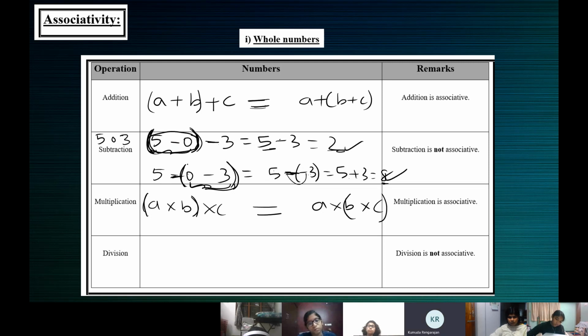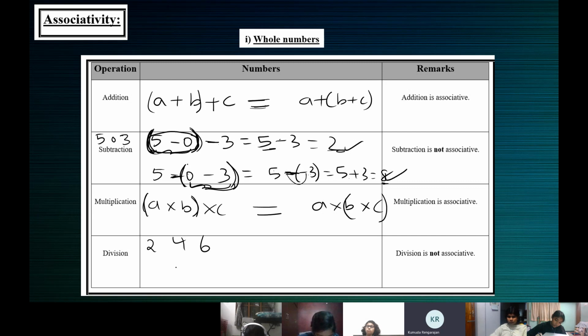When you consider three whole numbers and group them in different orders and multiply, you will get the same answer. But again, that will not work for division.